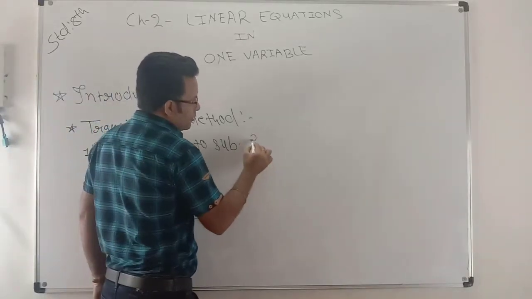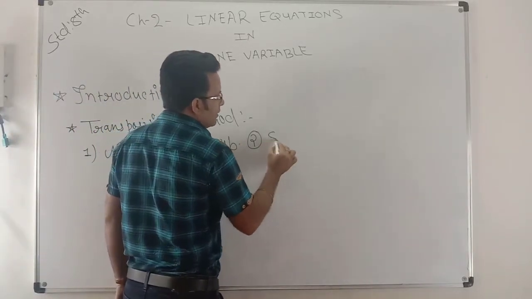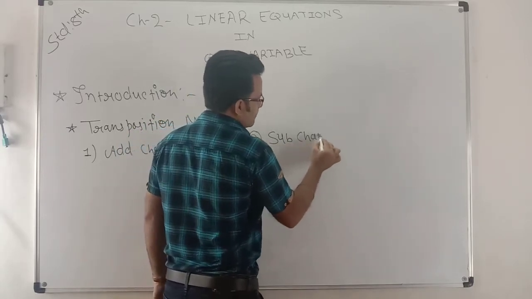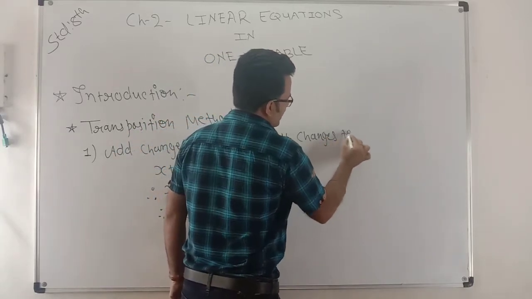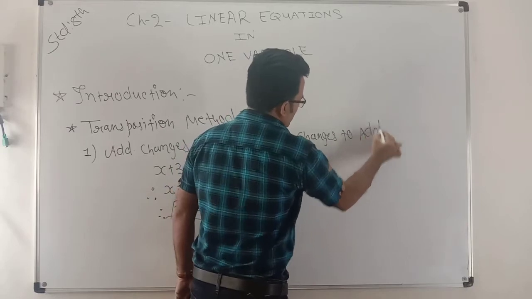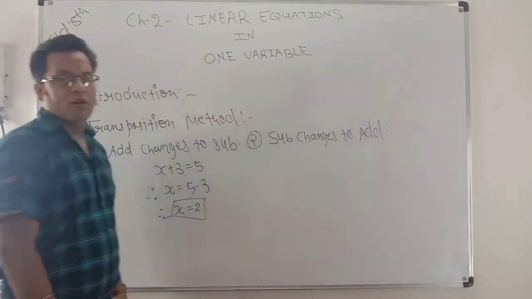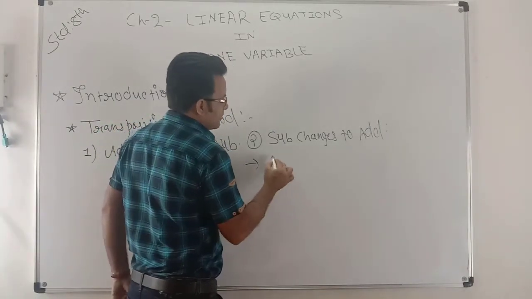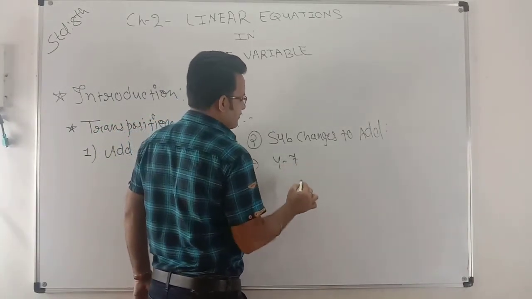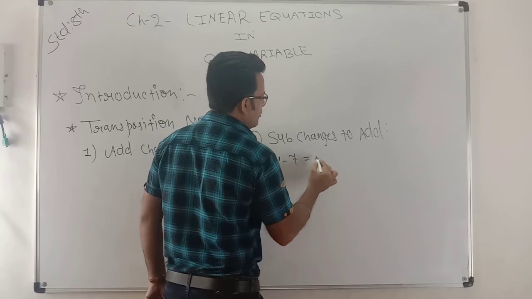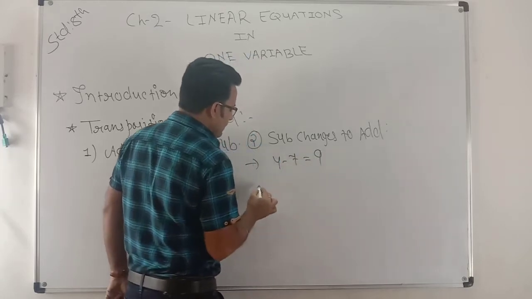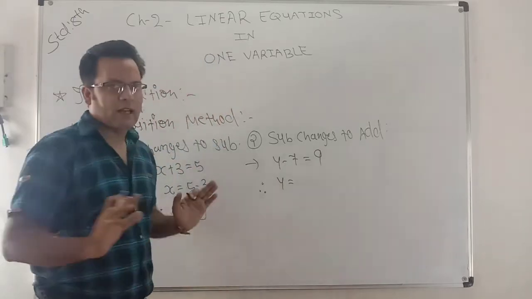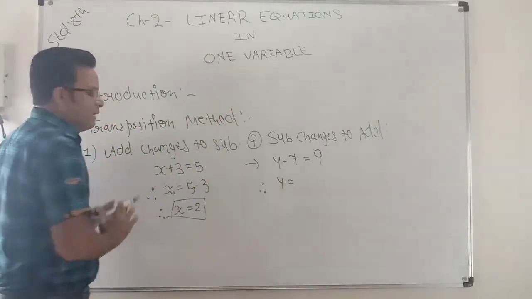Now method number 2: subtraction changes to addition. Okay, subtraction changes to addition. Suppose y minus 7 is equal to 9. Therefore y is equal to, see, transposition method means what?